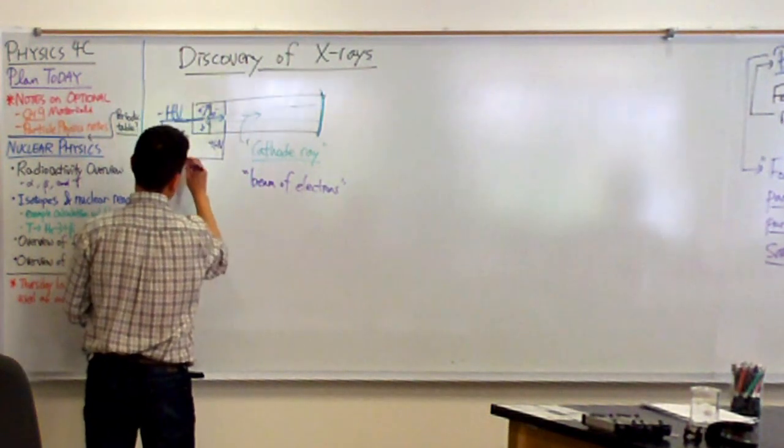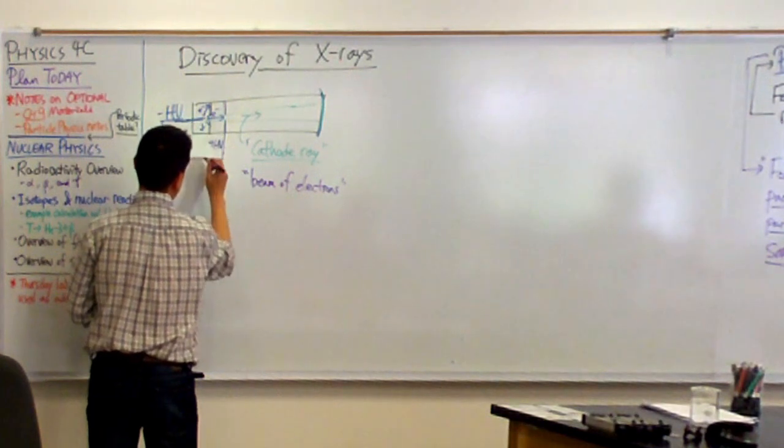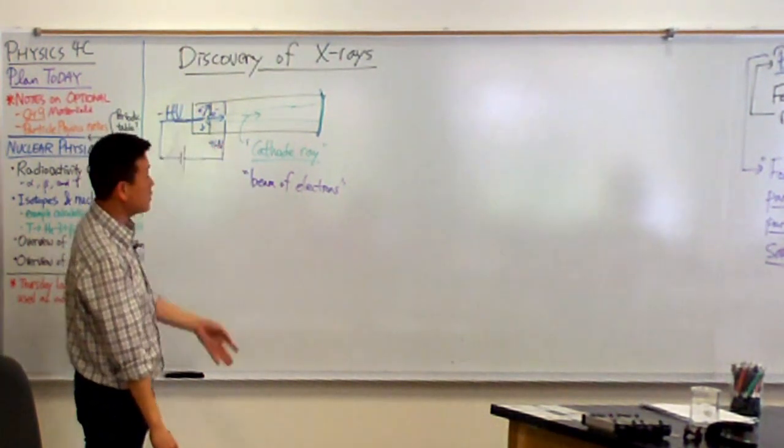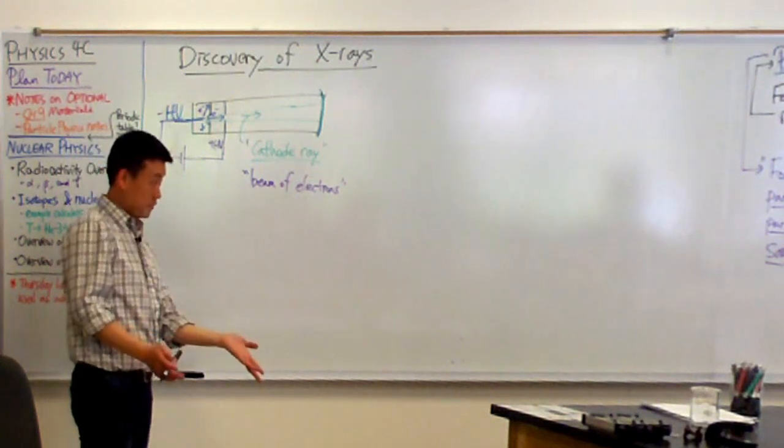So it's like a battery connected to both of them, except it's a super high voltage. It can be thousands of volts or tens of thousands of volts or even hundreds of thousands of volts.